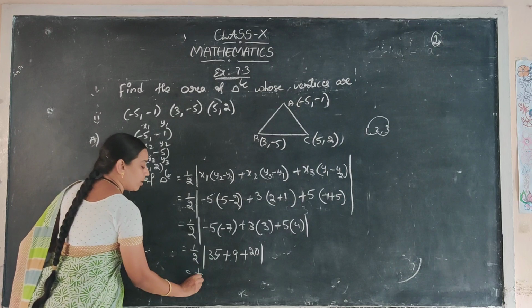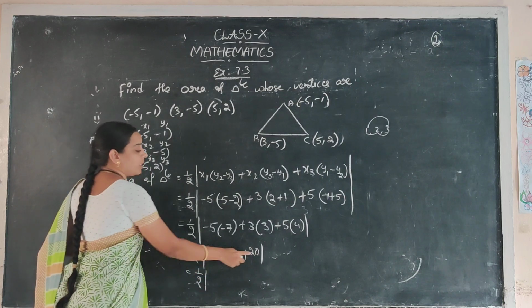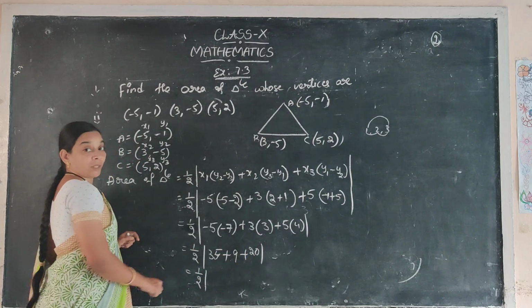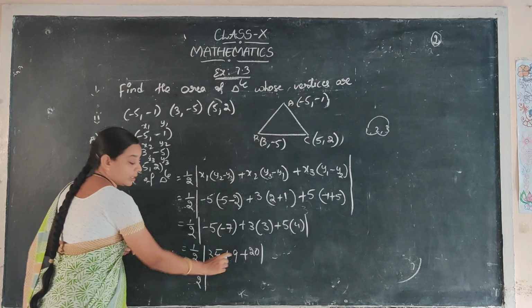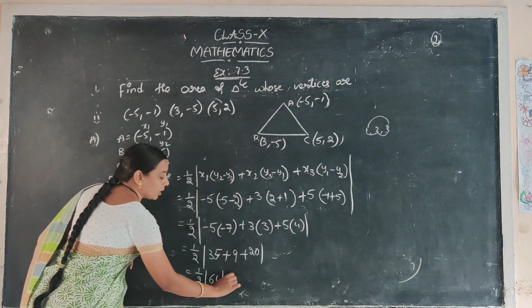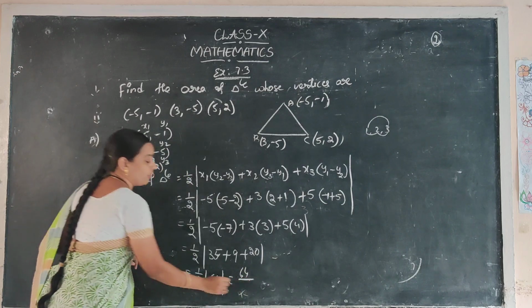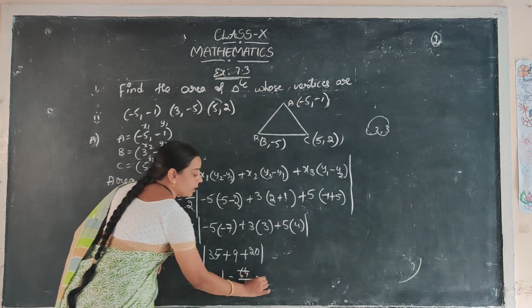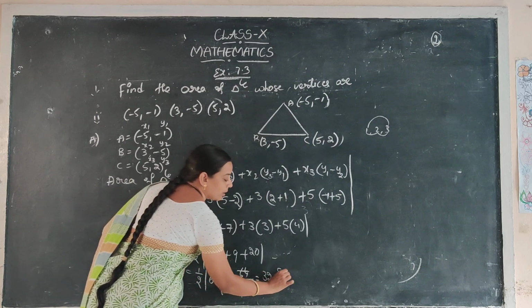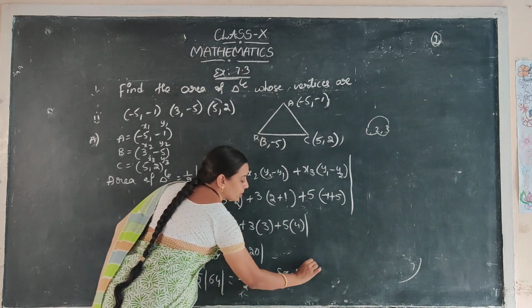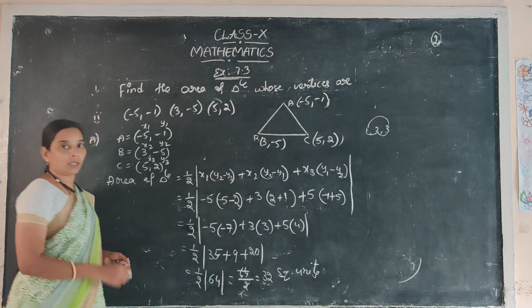Now add all these numbers: 35 plus 20, 55. 55 plus 9, 64. Now remove this bracket and write directly 64. Half means by 2. 2 table here, 32 times. 32 square units. Finished. Okay.